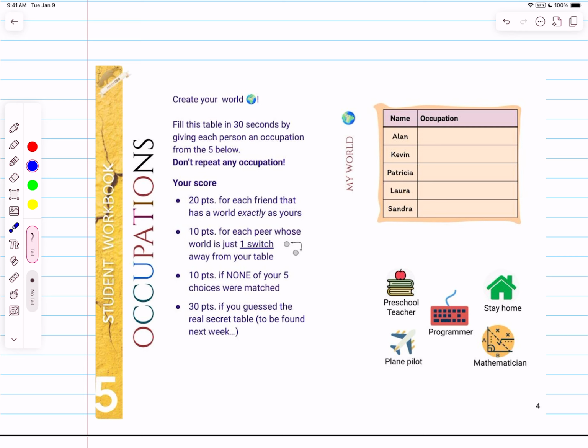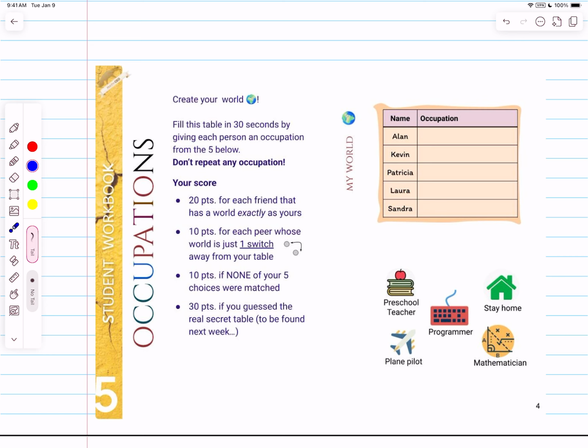Now, as you do this, you'll notice that there actually might be quite a bit of overlap between students. Students might choose similar or the same occupation for a person in this list just based on their name and what the occupations are. And so there are some stereotypes being played into it.